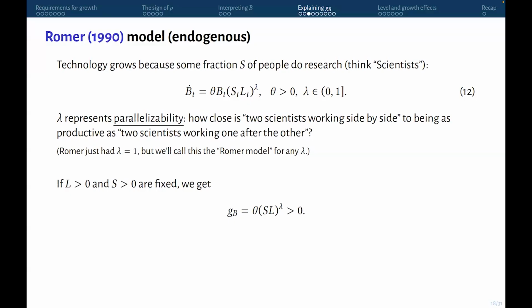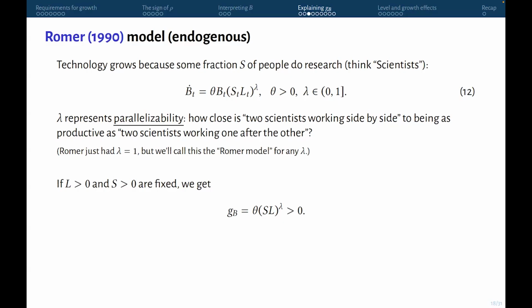So remember, the replication argument was the reason for assuming constant returns to scale in production. But if you have double the researchers, but they're all working on the same technological frontier, to some extent they might just come up with the same idea twice. And indeed, that's the whole virtue of technology, that you don't need to bother making it over and over again for every factory. One is just as good as infinitely many. The recipe is all you need.